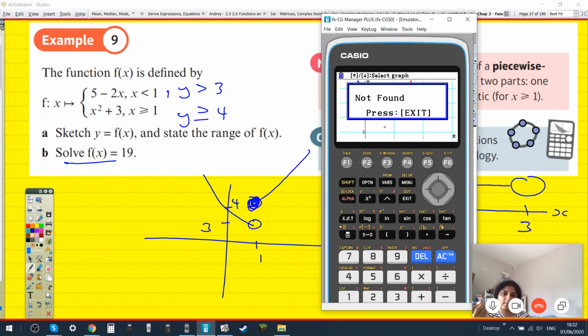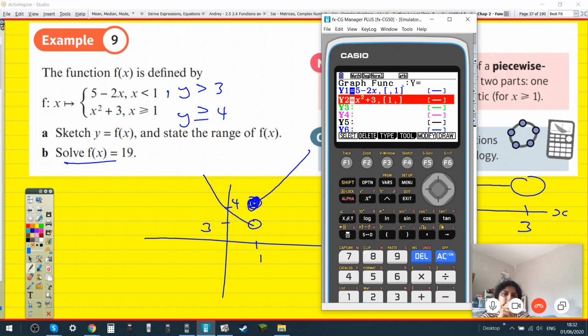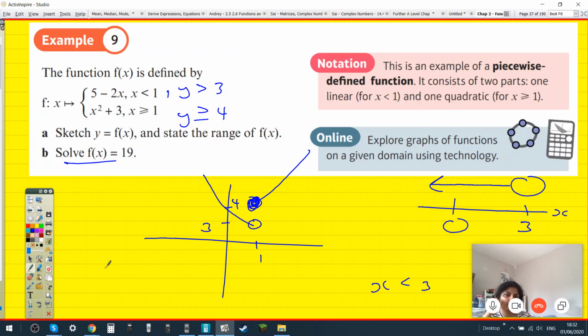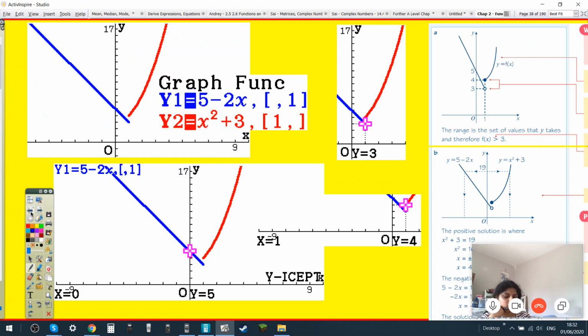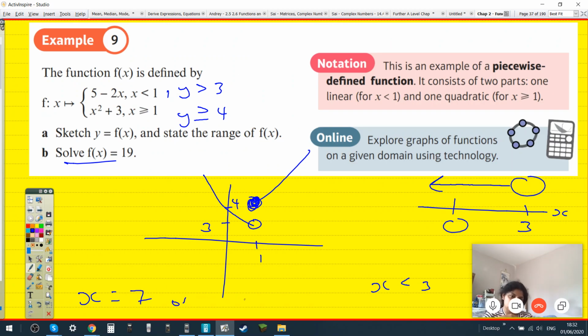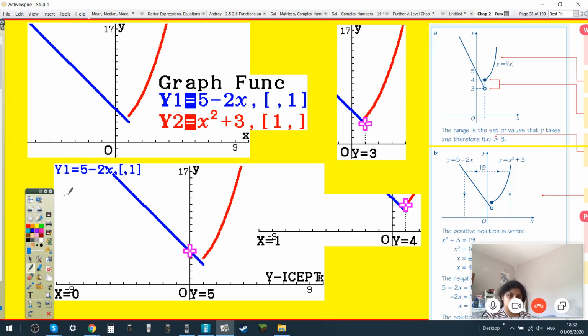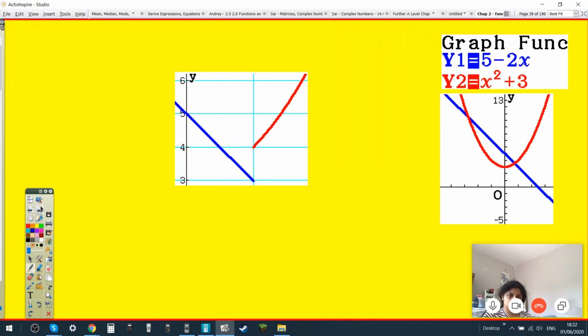Oh, you can't have minus 4, so it has to be plus 4. Yes, it's only part of the graph, and so you cut out that one. And so x equals 7 or x equals 4. Yep. And now you're 2 halves right, meaning all right.